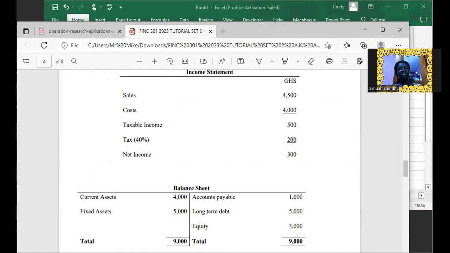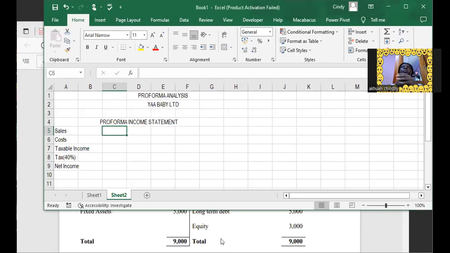So how would we find the future sales? Yes, so the future sales would be the 4,500 times 1 plus the percentage, which is 40%. So in the future, sales will be 6,300.